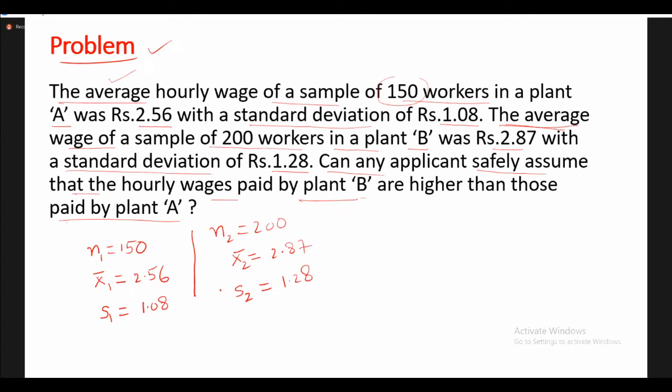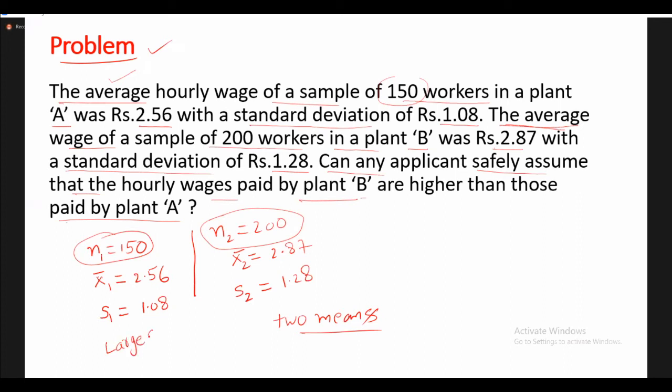They are discussing the two means. And what are the sample sizes? 150 and 200. Are they large samples or small samples? Large samples. For large samples, which test do we have to use?